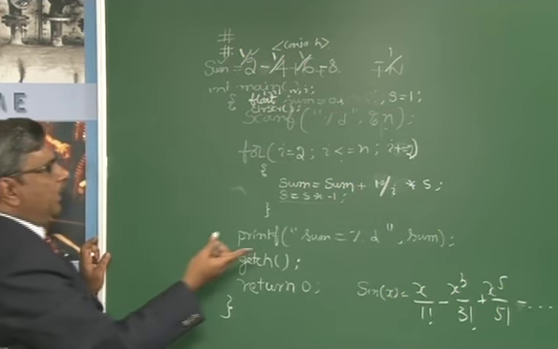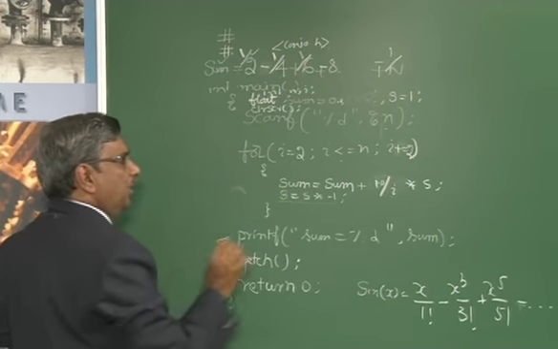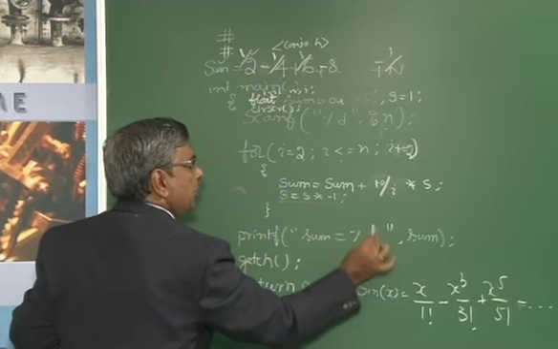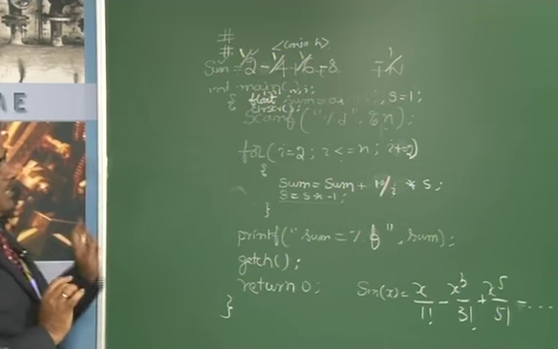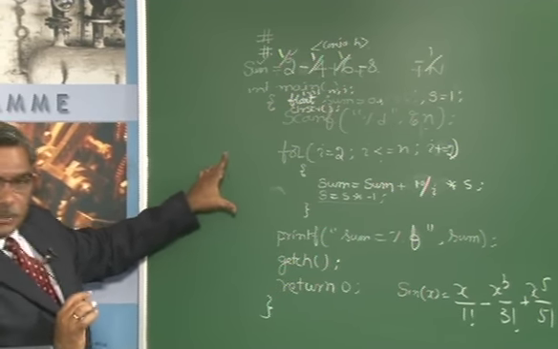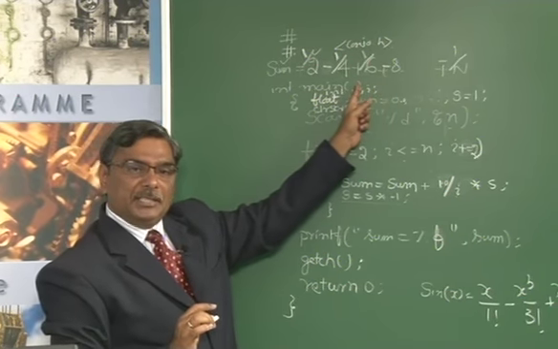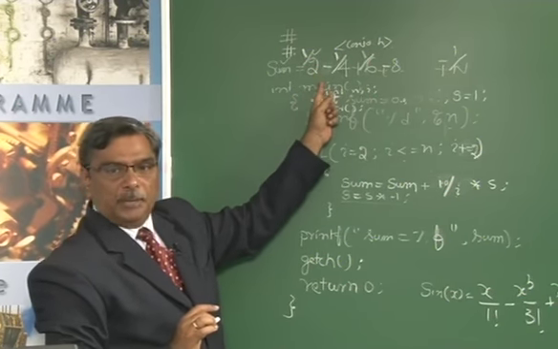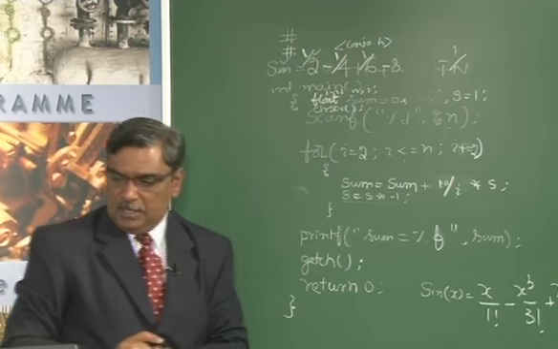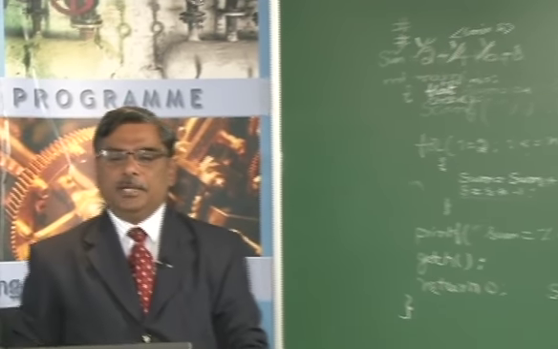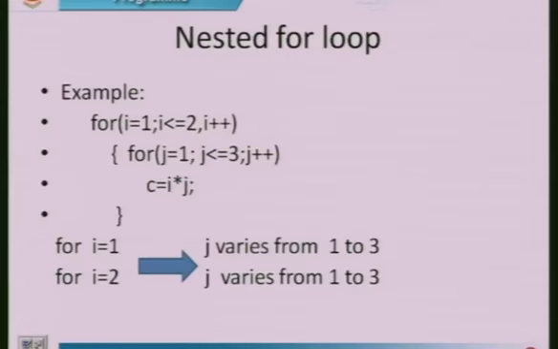Then we will get the sum as a floating value; change the control string to percentage f. These are all small minor changes that should be done whenever the problem changes from the integer domain to the floating point domain. So this is regarding the usage of the for loop in programming.